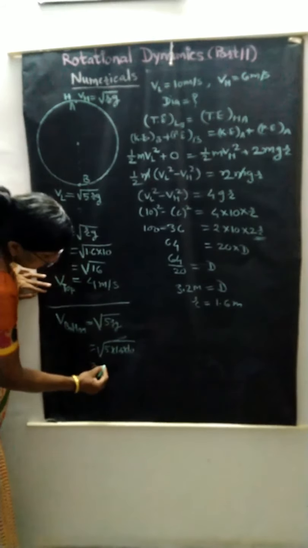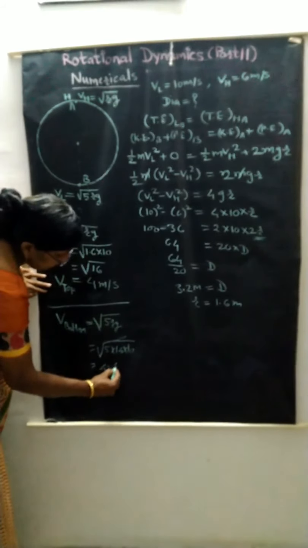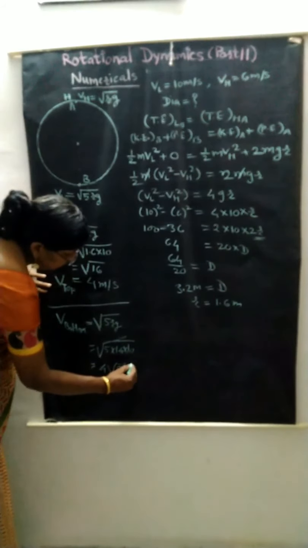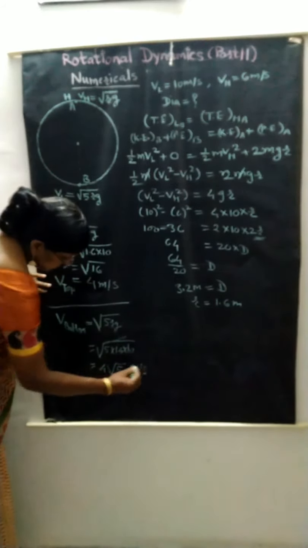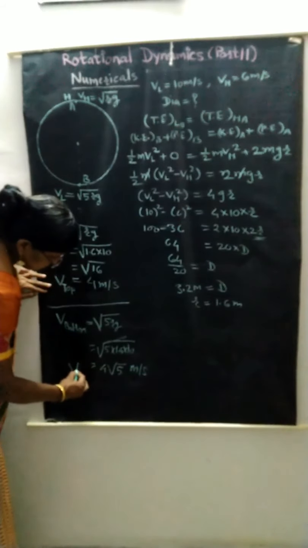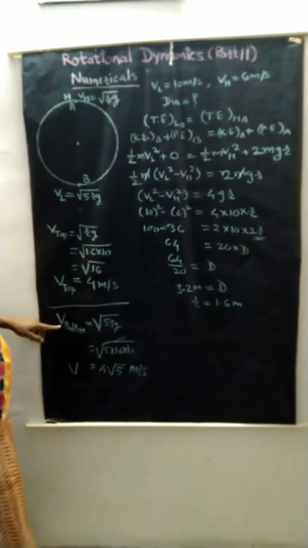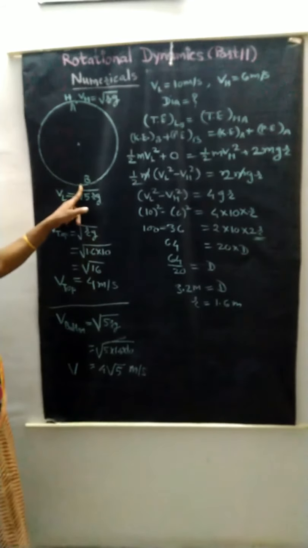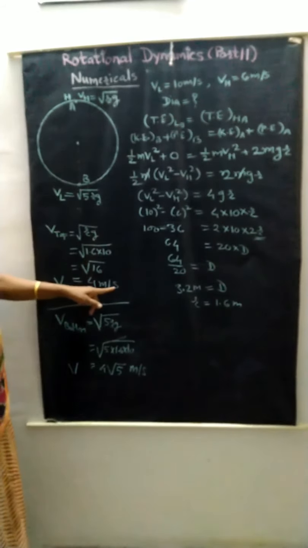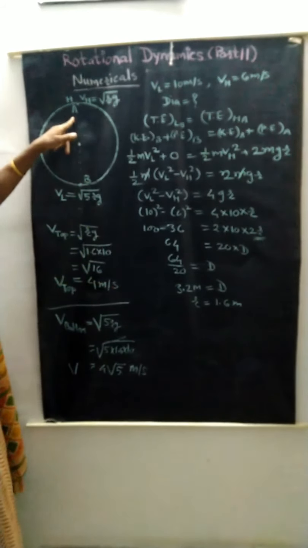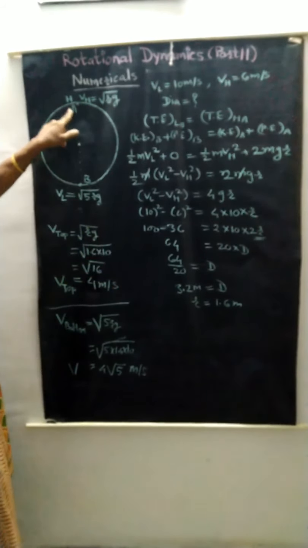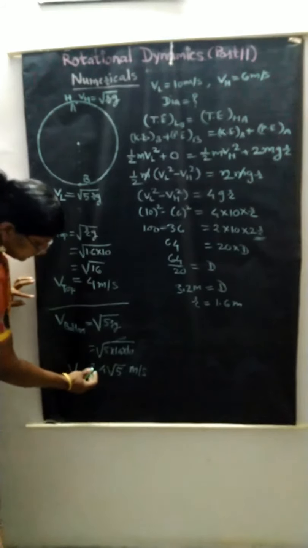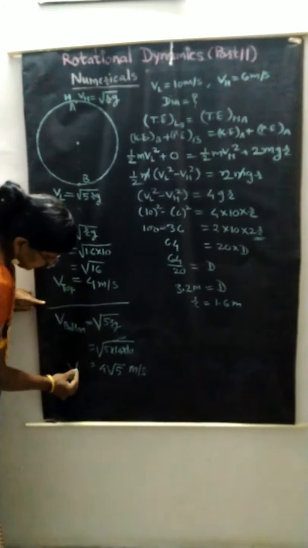So it is 4 under root 5 meter per second. So this is the minimum value at the bottom of the sphere, and 4 meter per second is the value of the speed at the top of the sphere of death.